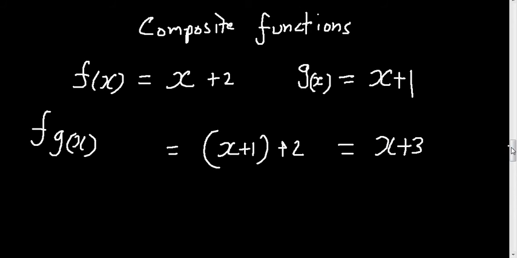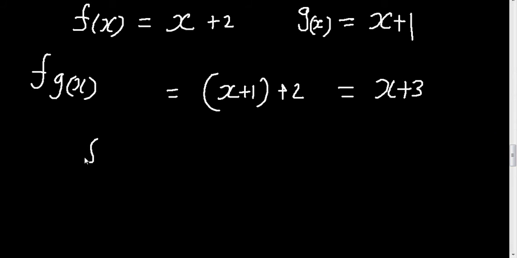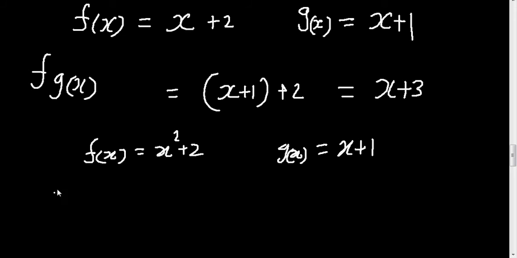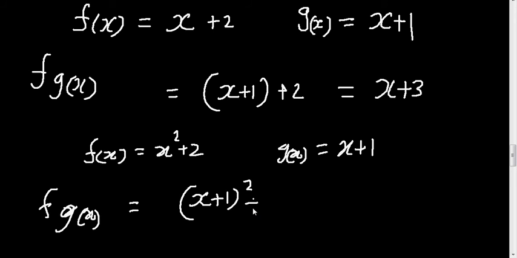Now we look at something harder. So if I make f of x equal to x squared plus 2, and then g of x I'll keep the same, x plus 1. Now in this instance, if I want f of g of x, I've got to put x plus 1 instead of the x. Now that's the new function.